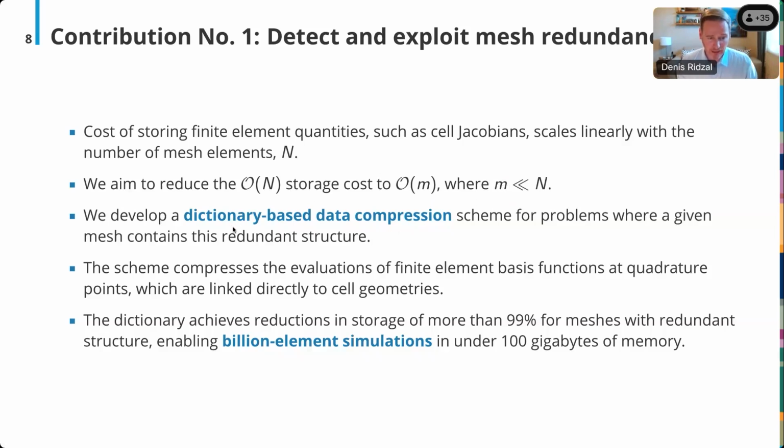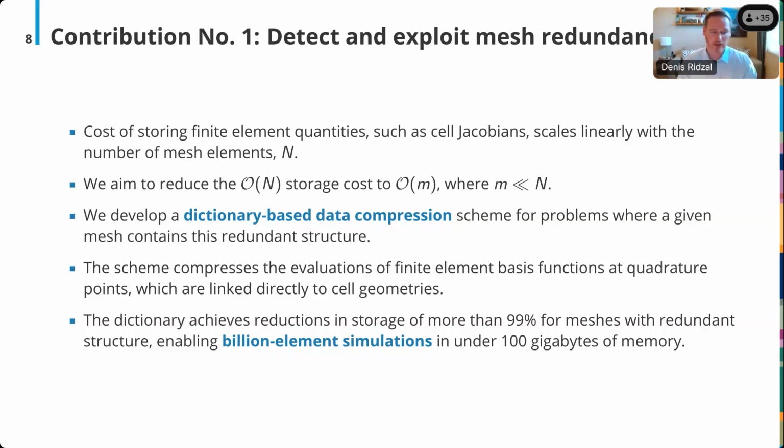Now, to do this, first we will assume we're given a mesh with its redundant structure, and we just want to exploit whatever is in it. And for that, we will develop a dictionary-based data compression scheme. And the scheme will compress evaluations of basis functions at quadrature points, which of course are linked directly to the geometries of the cells.